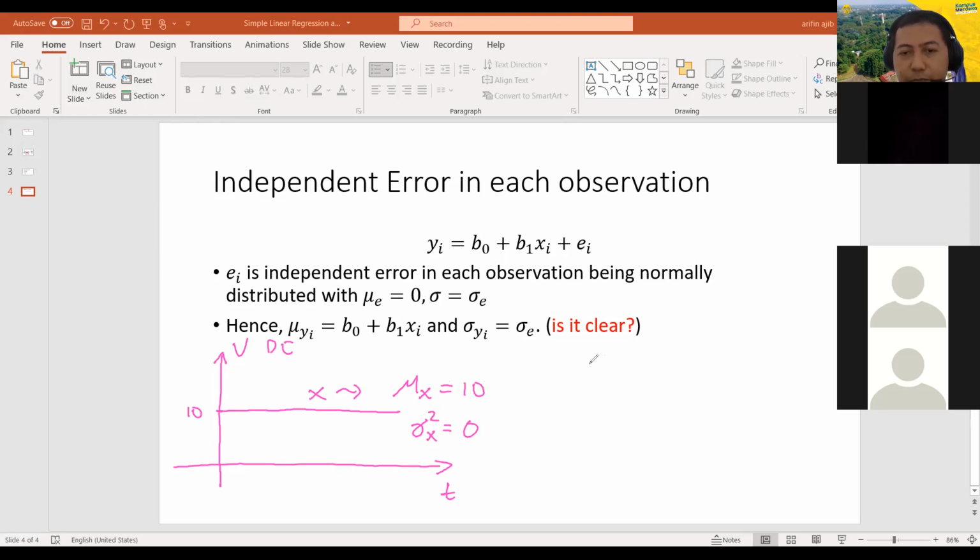Oke, kemudian ini adalah voltase noise. Saya ganti warnanya, misalkan merah. Noise dia kan random ya, dia kayak gini. Ini T, ini 0. Rata-rata dari noise berapa?